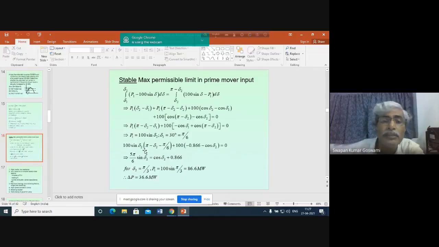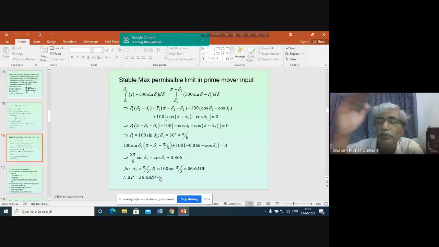By doing this, delta P, that means the increase in input power, has been obtained to be 36.6 megawatt. That means the initial operating point corresponded to 50 megawatt power output. From this point, the maximum power increase possible is 36.6 megawatt.